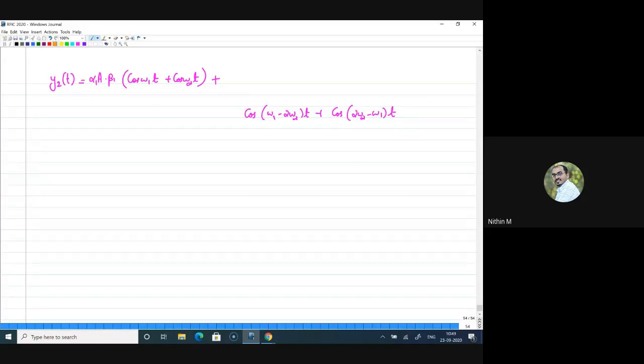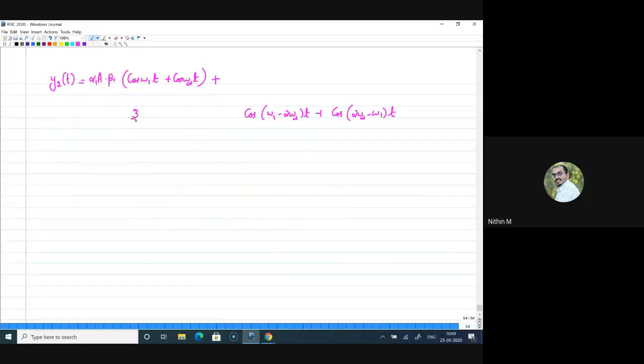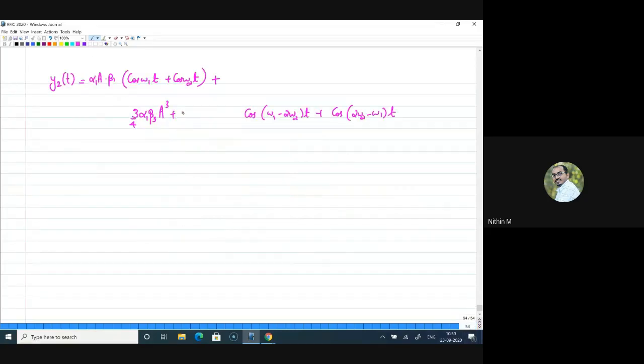Now if I write the amplitudes there, I can write all together as, what is the first term? The first term is 3 by 4 alpha 1 beta 3 into a cube. Now the second term is 3 by 4 alpha 3 beta 1 into a cube.